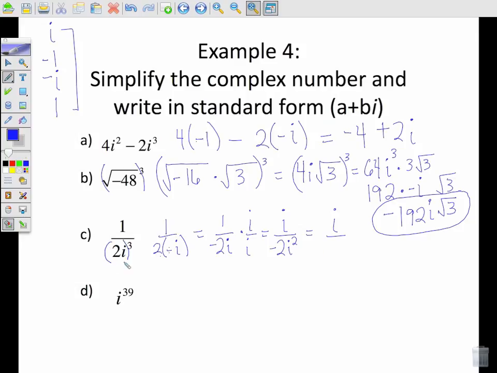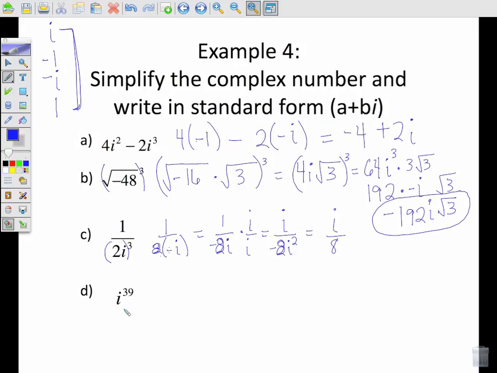In your packet, the 2i is in parentheses, so that would become 8 instead of 2. So negative 8 here, negative 8. That would become 1 over 8, or i over 8, because i squared is negative, it changes the 8 to a positive.